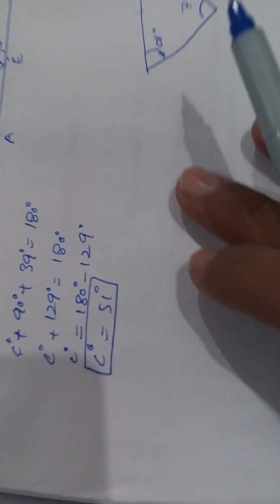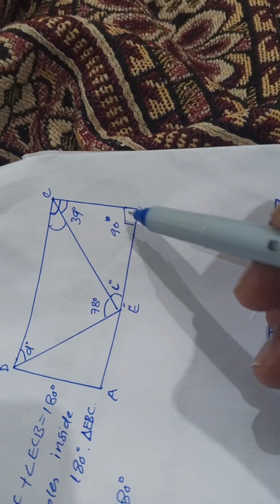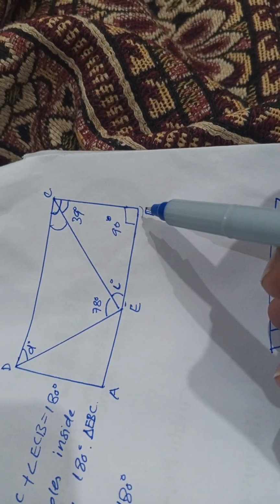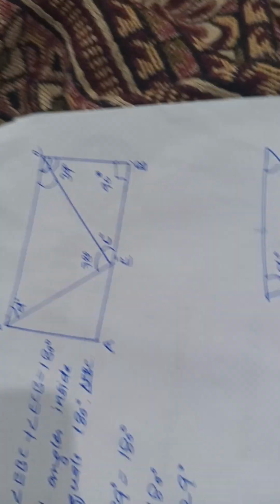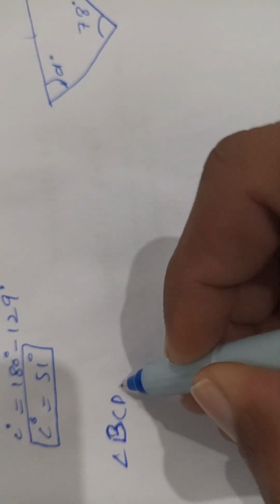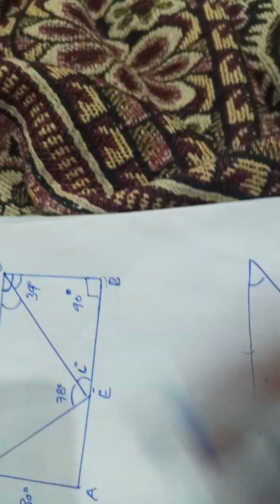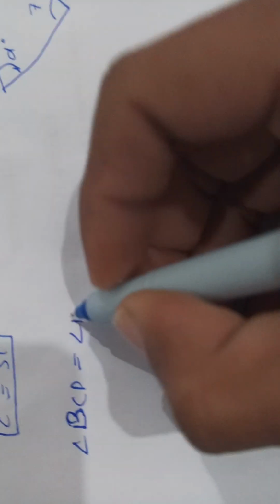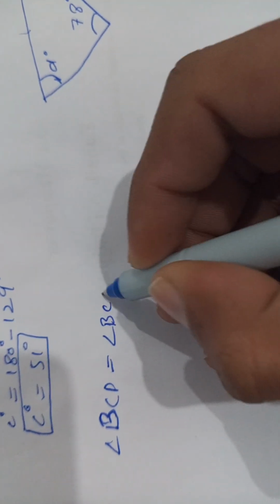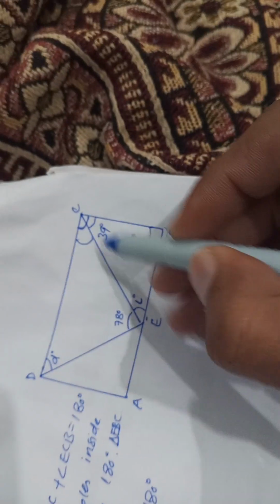So let's first write it in equation form. In mathematics we use equations, so we have to convert this thing into equation form. First write the name of this whole angle, and the name of this whole angle will be BCD, right? So I'll write angle BCD equals angle BCE plus angle ECD, right?